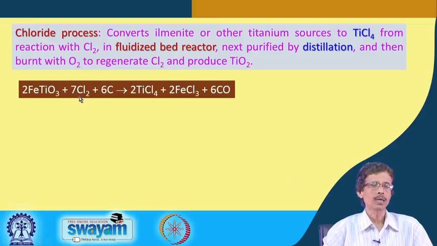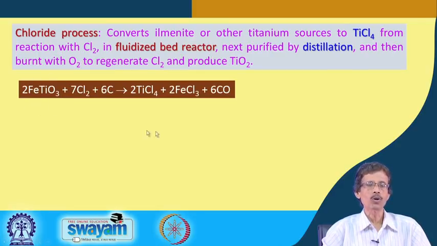That chlorine is oxidizing, and titanium, already in the tetravalent state, will be converted to the tetravalent form of titanium chloride salt, and your iron is in the ferric chloride form, and you get some amount of carbon as carbon monoxide, because you are getting back some of the oxygen from your corresponding FeTiO3.